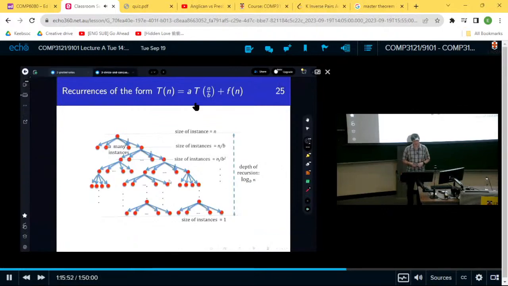So what is this? This is basically our recursion tree. We start from our big instance.